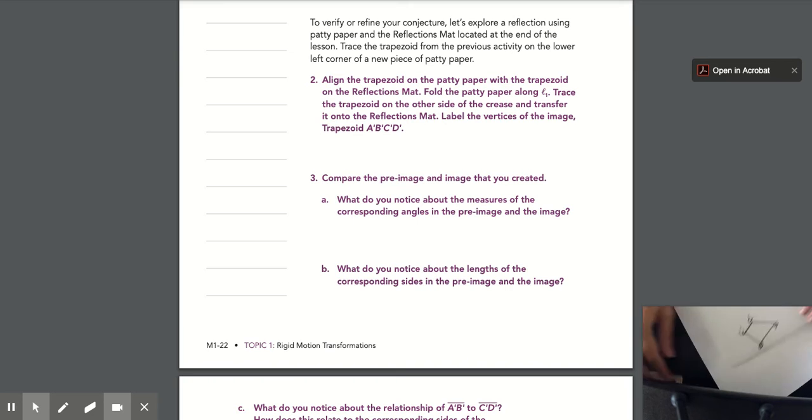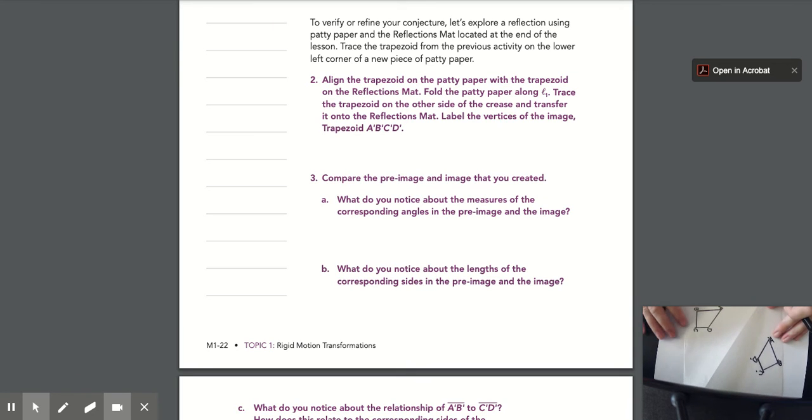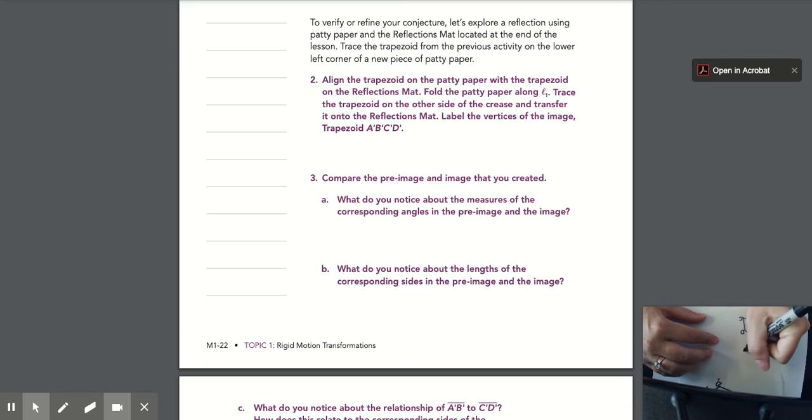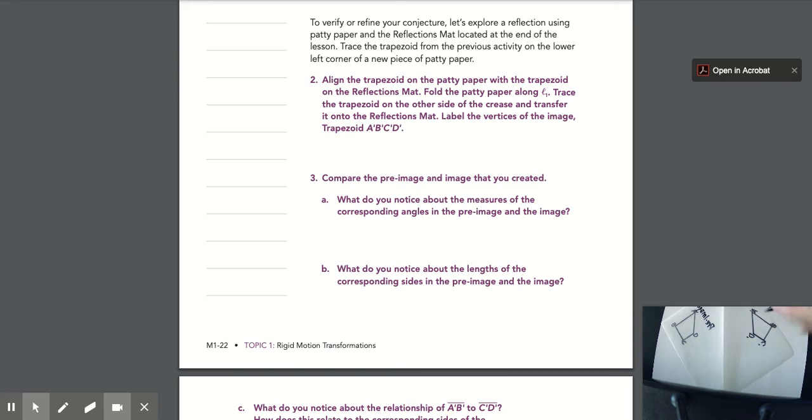I'm just going to put the white paper underneath it. It might be a little easier to see. Okay, so you should see both my images now. And this is the original image, so this is known as the pre-image. And this is my reflected image, so this is known as the image. Okay, so we have those right there.